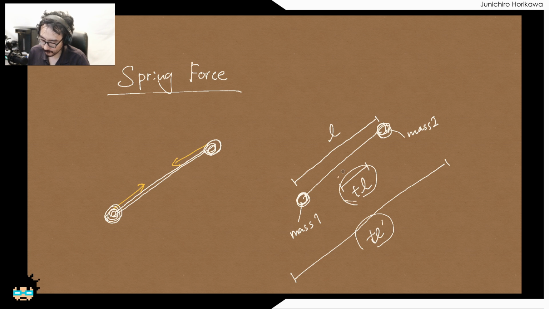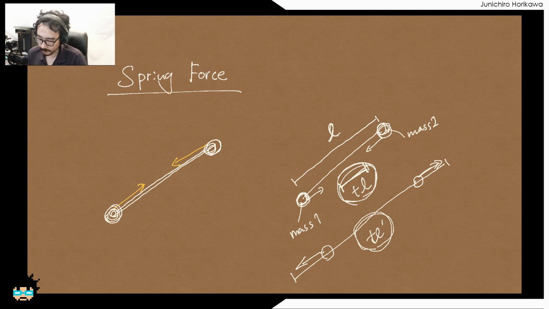In this case, if the TL is smaller than the current length, then the object should go toward the center until it satisfies its constraint length. If the target length is bigger than the current length, then the object should go further outward, separating from each other until it satisfies the target length.